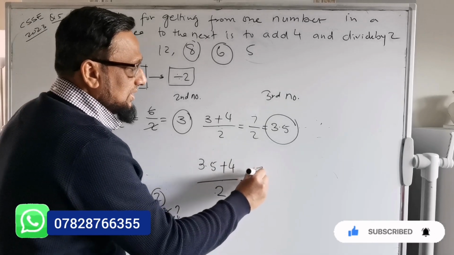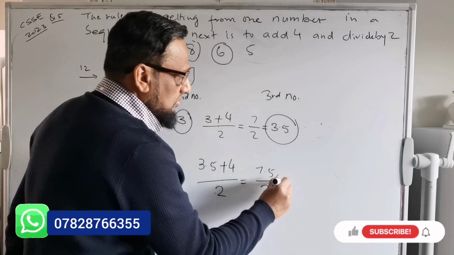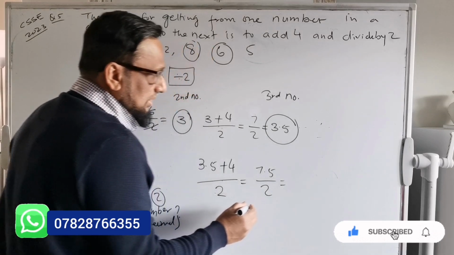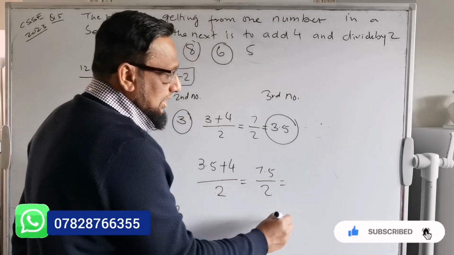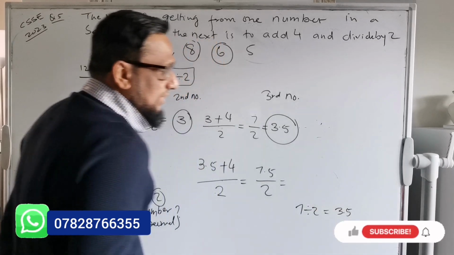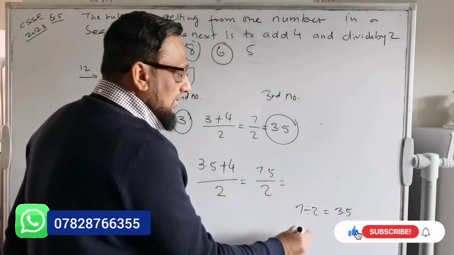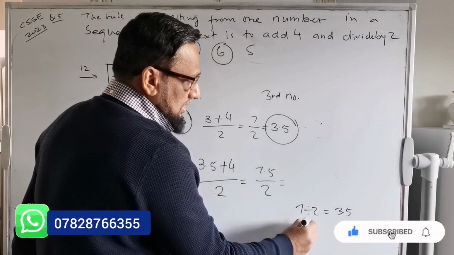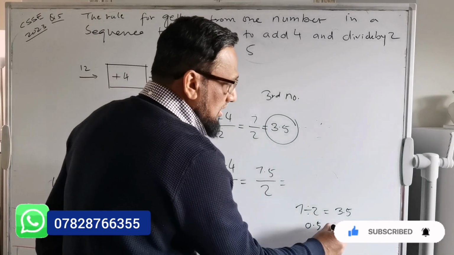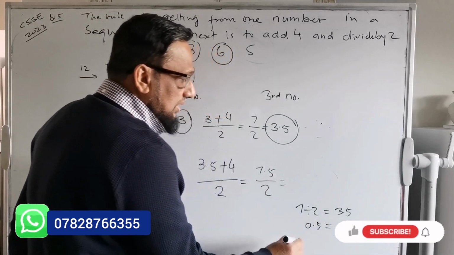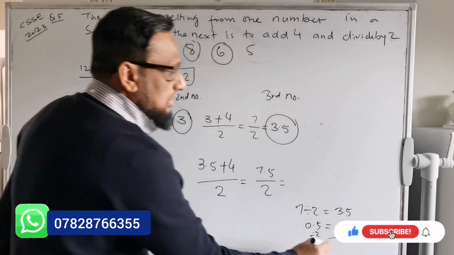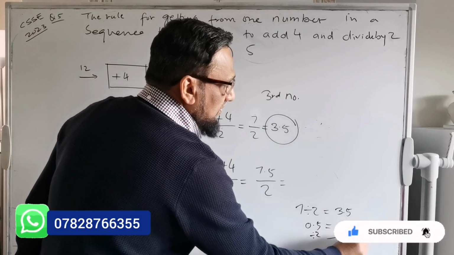So what's the answer? 7 divided by 2 equals 3.5, and 0.5 divided by 2 is 0.25.